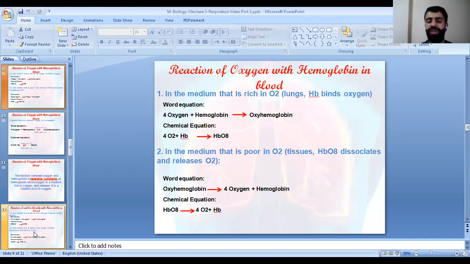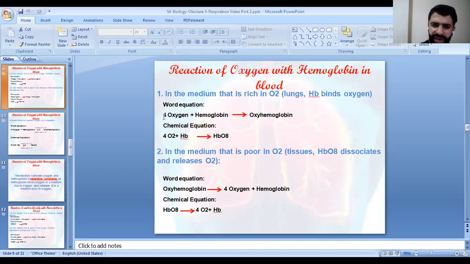So the word equation is oxygen plus hemoglobin gives oxyhemoglobin. In the medium that's rich in oxygen, we have to store oxygen. We have to keep it away from usage. We have to store it in the form of oxyhemoglobin.